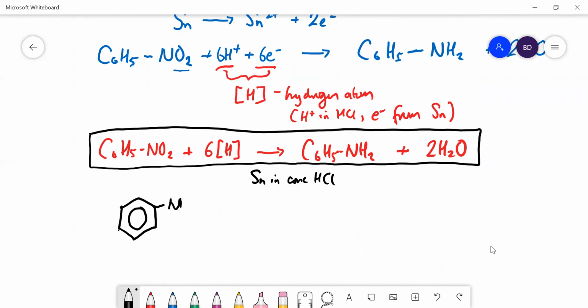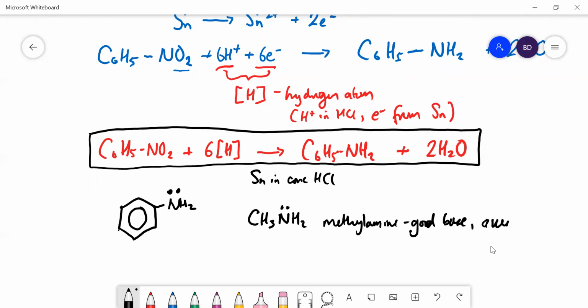If you have a look in the amines section, you'll see that phenylamine doesn't behave as a normal amine. It's not a very typical amine because of the lone pair on the nitrogen there. Normally, for example, methylamine is quite a good base. Why is it a good base? It's good at accepting H pluses because it's got a lone pair on the nitrogen.